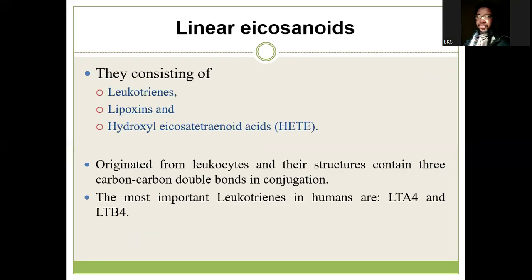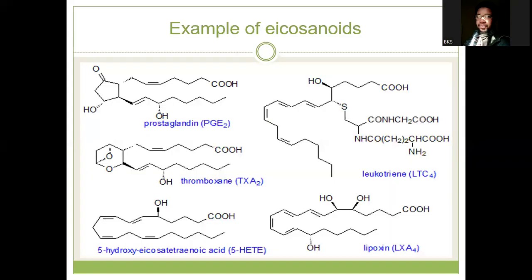They are also very important in signaling processes: the leukotrienes, lipoxins, and hydroxyeicosanoic acids. These were first obtained from leukocytes, and their structure contains three carbon double bonds in conjugation. So it does not have the circular ring, as we have seen in the case of prostanoids.